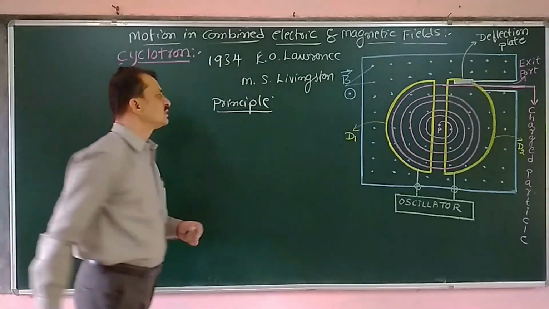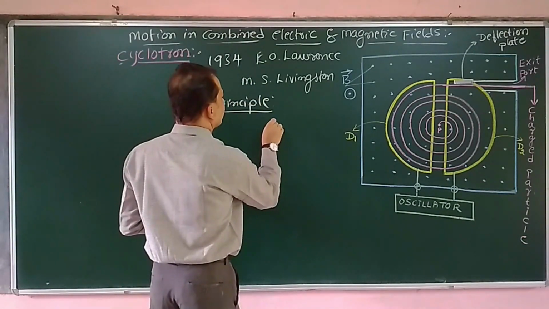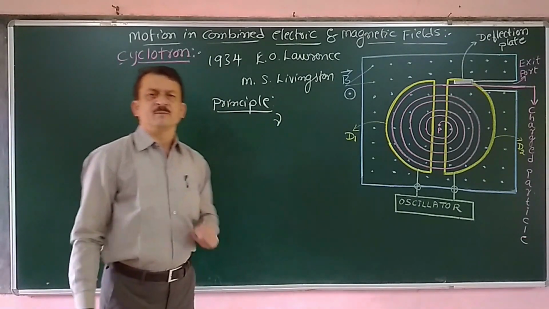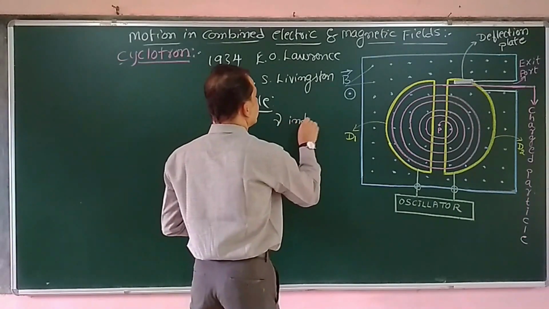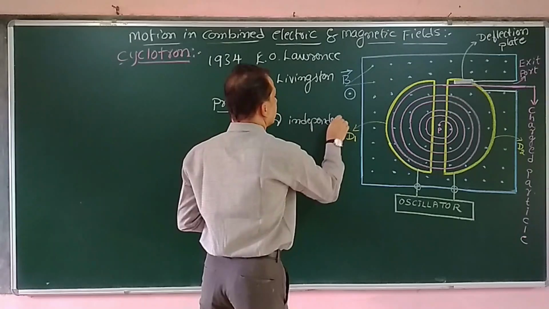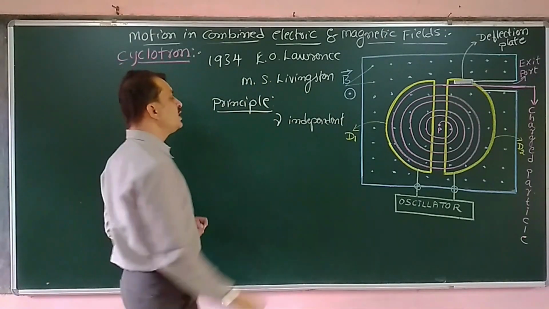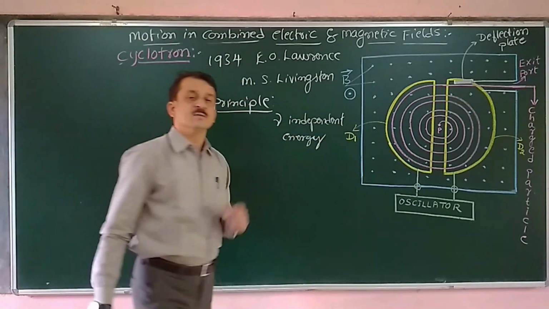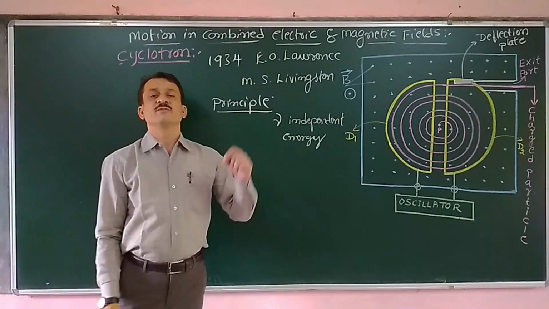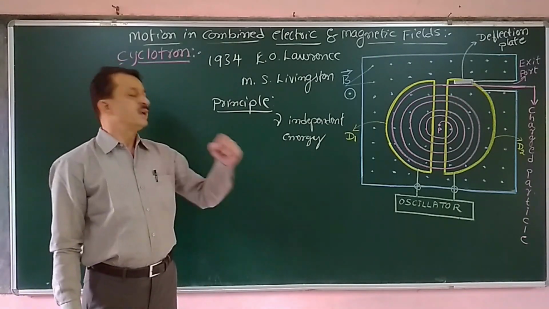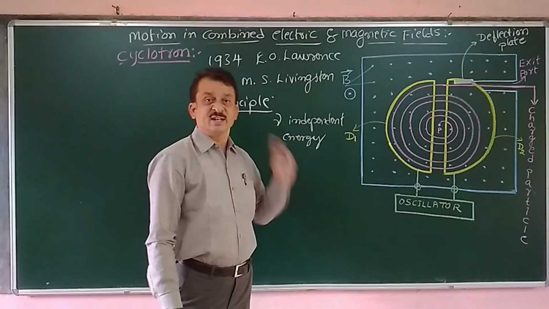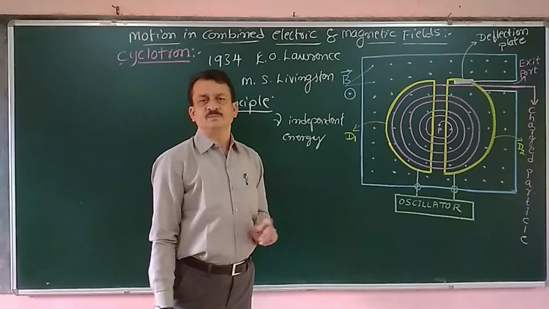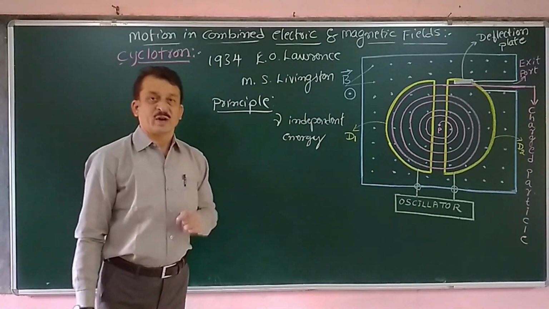It works on the principle that the frequency of revolution or the time period is independent of the energy of the charged particle. The frequency of revolution of a charged particle is independent of its energy or velocity. Based on that principle, this machine, the cyclotron, works.